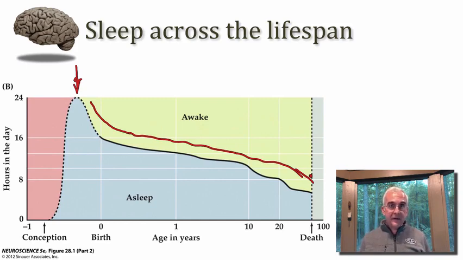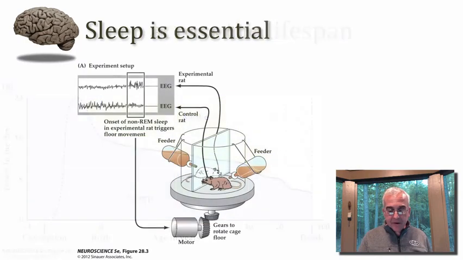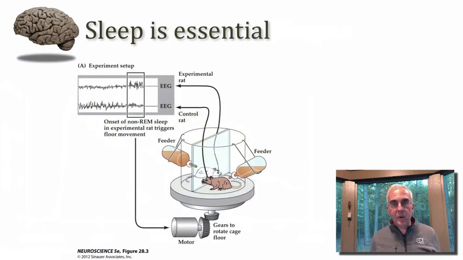Is sleep essential? Well, we know that sleep is essential from experimental studies such as this. And this is really quite a devious experiment, and I'll just take you through this. So there are two laboratory mice that are connected with a means to record their brain waves.